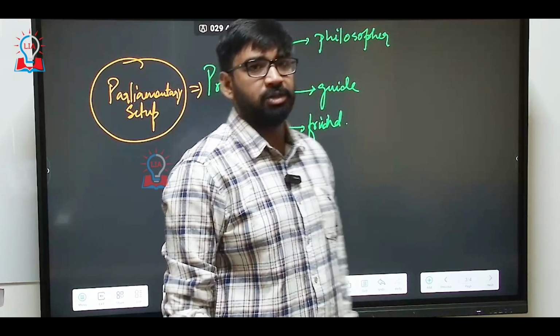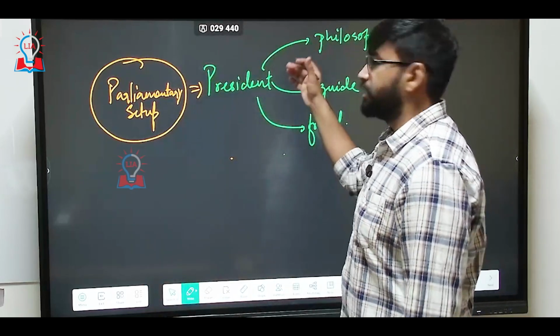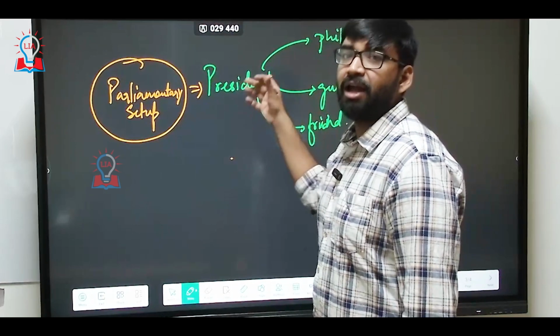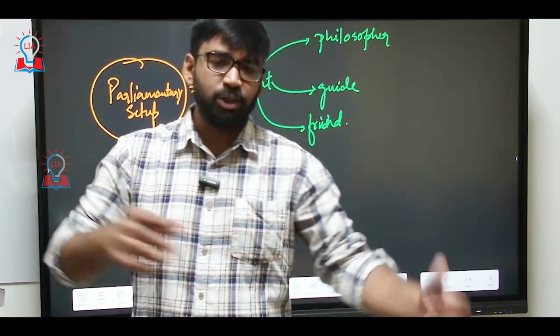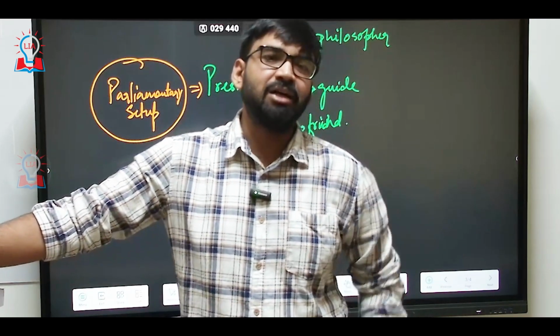So in a parliamentary setup, the president is a philosopher, friend and guide. Getting my point? If deadlock happens between two houses, then the president comes into the picture.